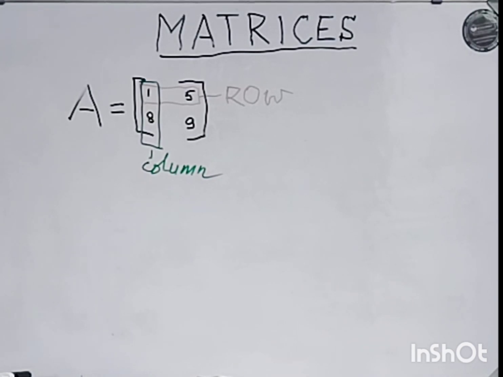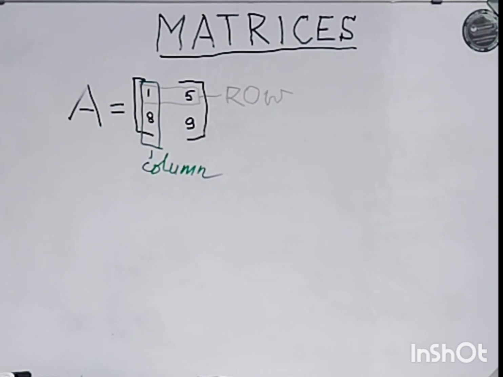So in the given matrix, there are elements 1 and 5 in the row. In a row, 1 and 5 are the elements, and in the first column, it is 1 and 8.